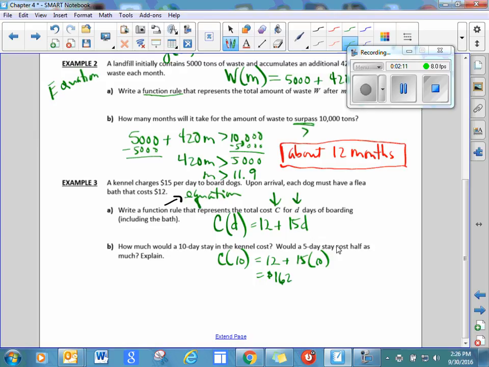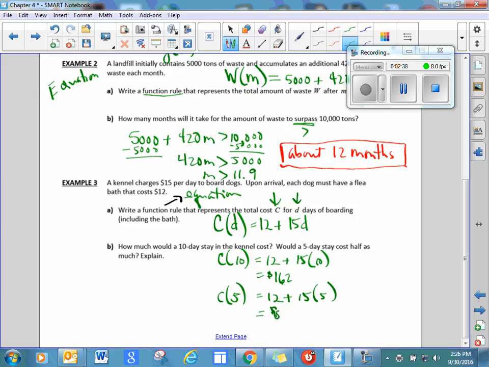And then it says, would a 5-day stay cost half as much? Probably you could just see this answer. You know the answer to this without having to calculate it, but let's calculate it anyway. C of 5, C for 5 days is equal to 12 plus 15 times 5, which is going to be, what's that, $87.